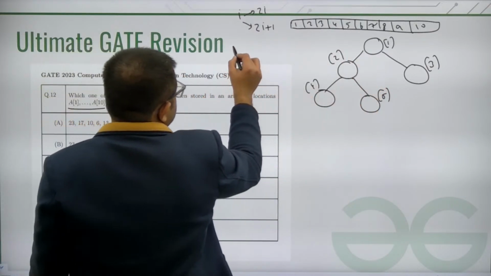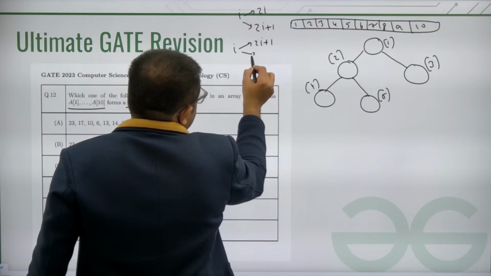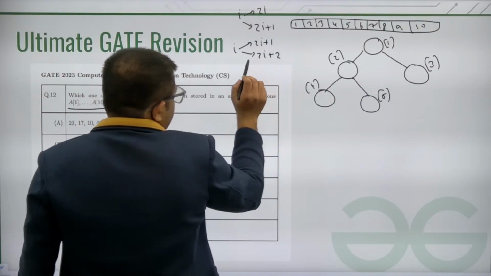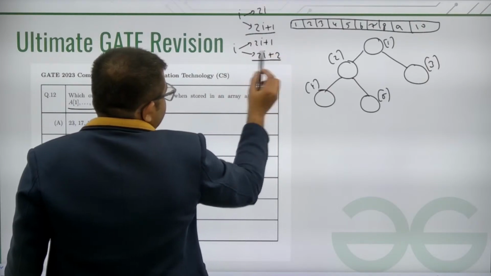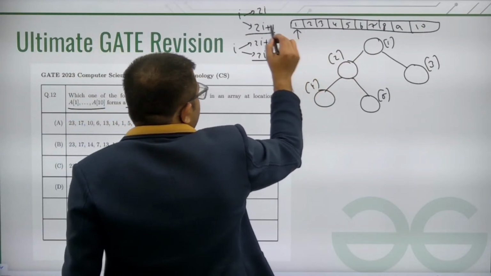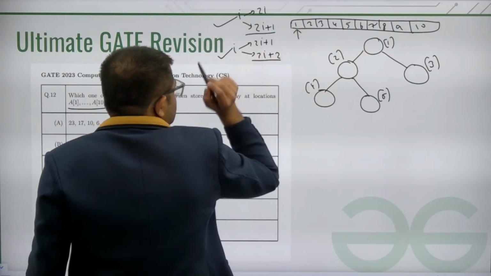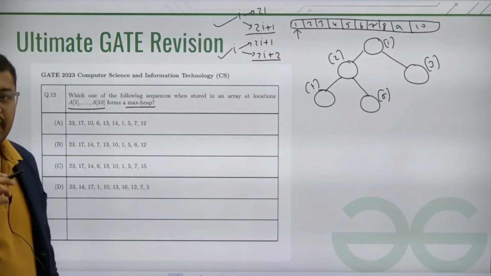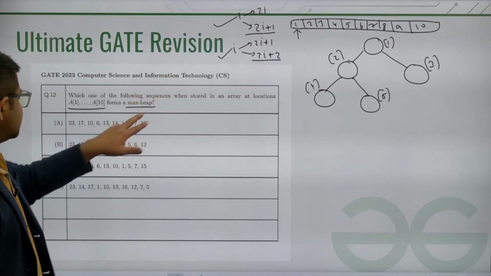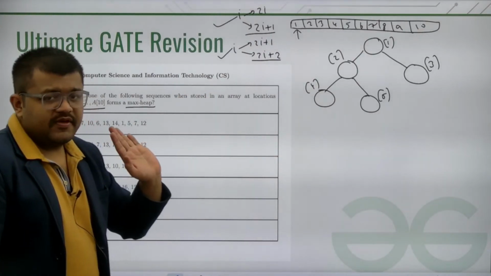Sometimes you might also see, for a particular node i, the left child is 2i plus 1 and the right child is 2i plus 2. So when will this apply and when will this apply? If your root node starts from index 1, the first formula is used. If the root node starts from index 0, the second is used. Here it is said that indexes are from 1 to 10, so in this way the tree will be formed.